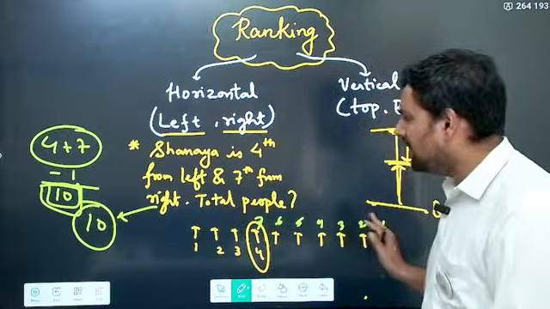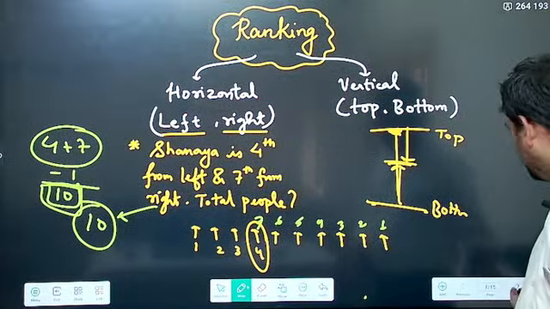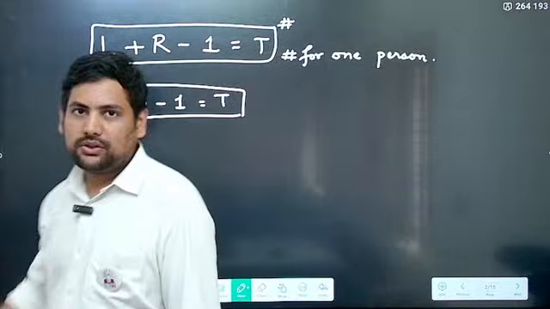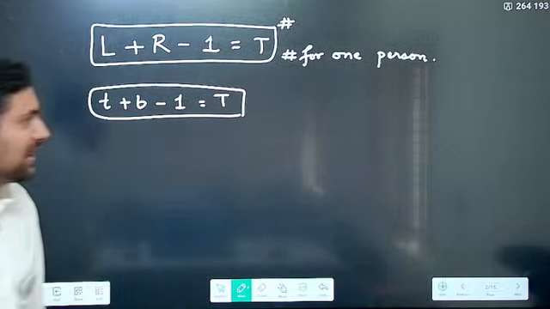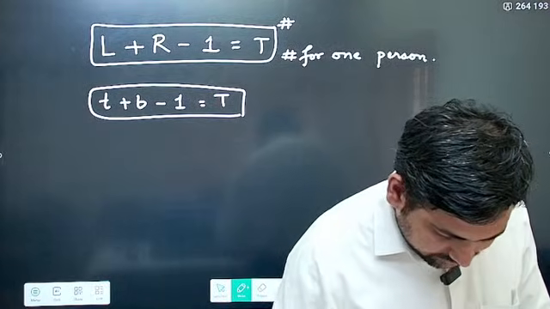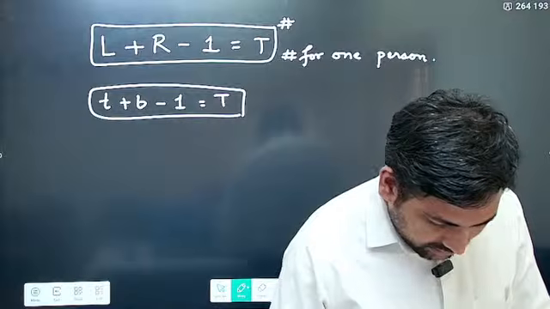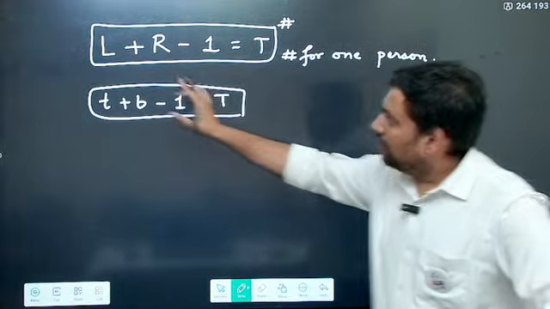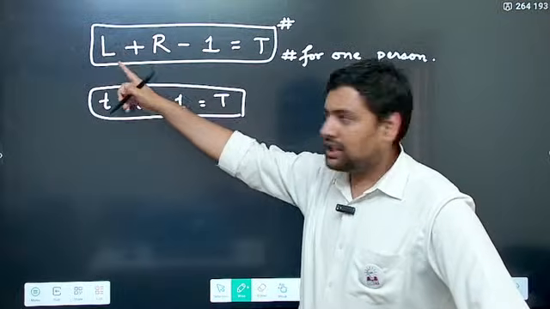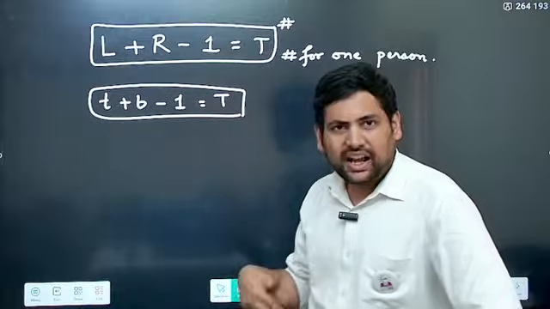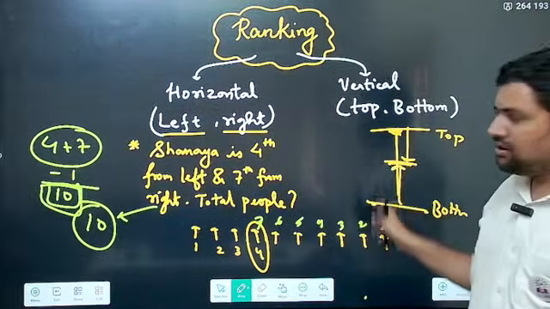Now, this is the first formula that we have in this chapter: left plus right minus 1 is equal to total. This only exists for a single person. For example, I took the left ranking of Shania and the right ranking of Shania, minus 1, I get the total. Similarly, I can have it from top and bottom as well.